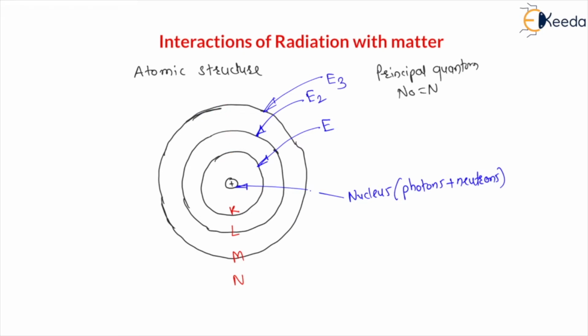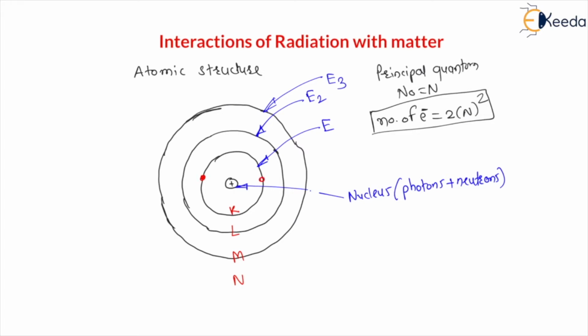Right. And here the maximum possible number of electrons is equal to 2n squared. This is a formula to find maximum possible number of electrons in any orbit. Therefore, for K, n is equal to 1, therefore 2 into 1 square, that is 2, means the maximum possible number of electrons in the K will be 2.